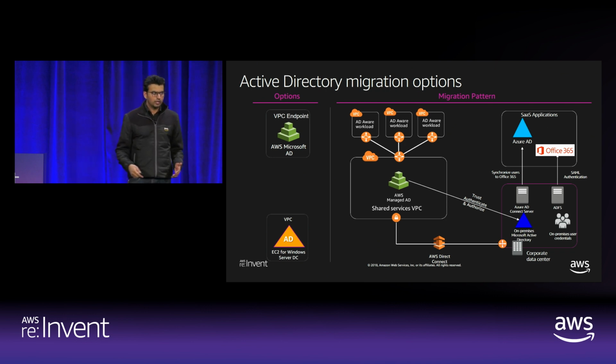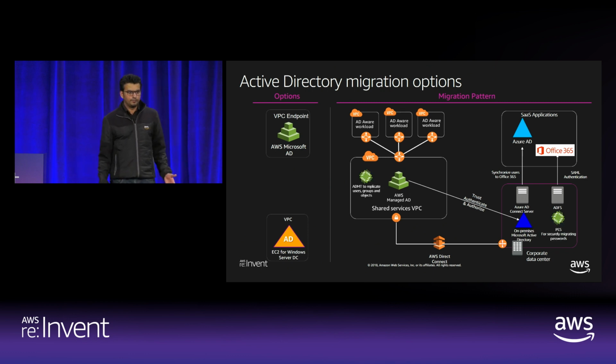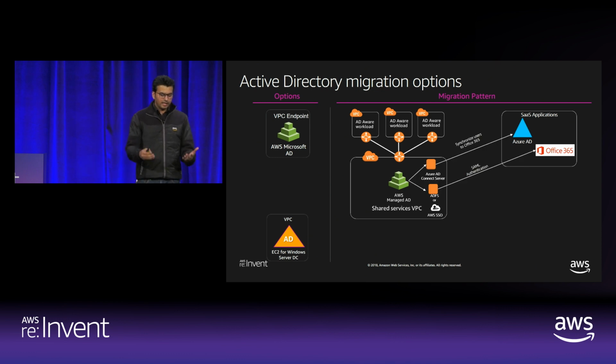Now, when they decided to run all-in on AWS, they could use ADMT and PES to migrate their Active Directory objects and users to AWS, and also replicate their passwords onto AWS. And once this is done, they can run the ADFS on the shared services VPC to authenticate with Office 365 applications.